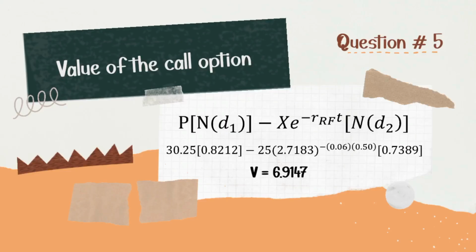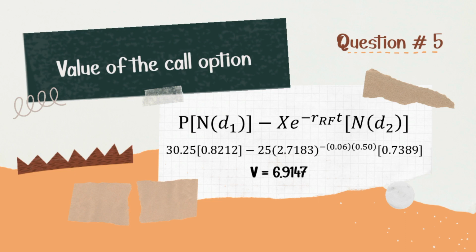So after getting the probabilities, we will now get the value of the call option. So this is the formula in getting the value: P multiplied by the probability of d sub 1, minus X times e to the power of negative risk-free interest rate multiplied by the time, and then multiplied by the probability of d sub 2.